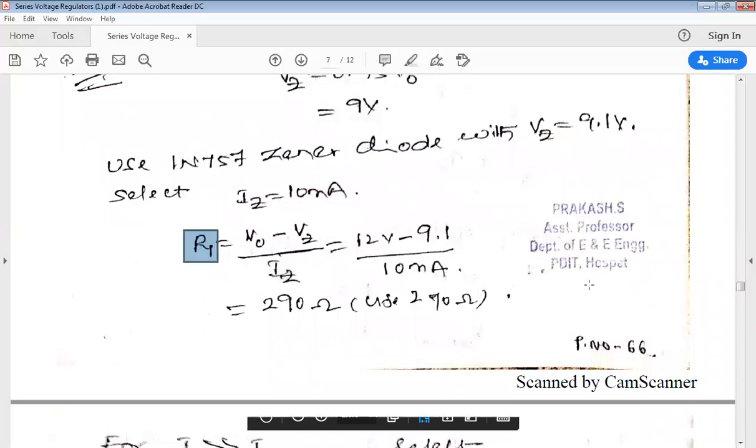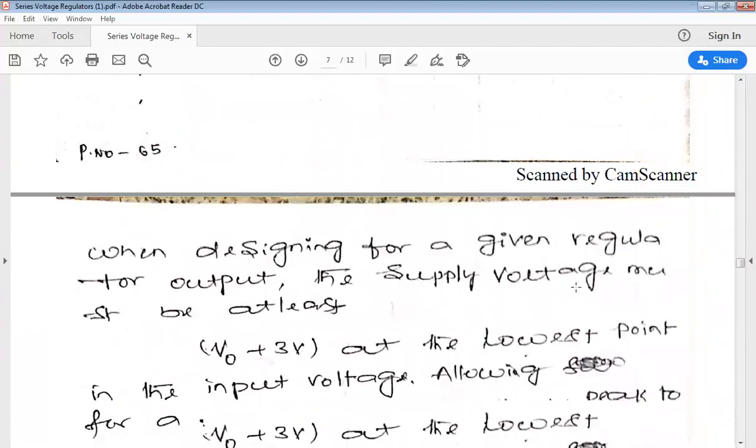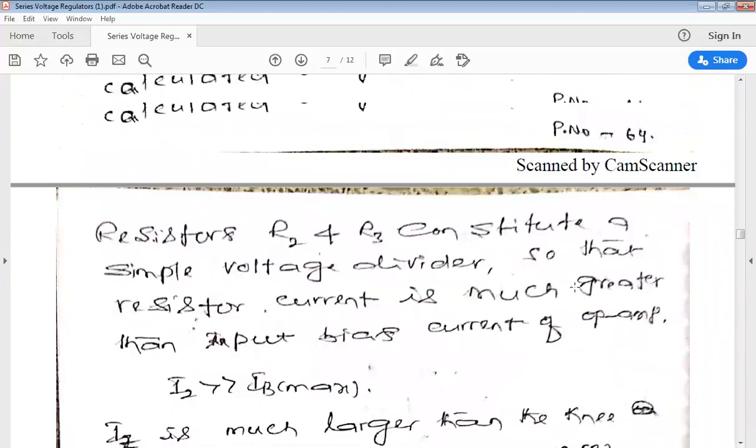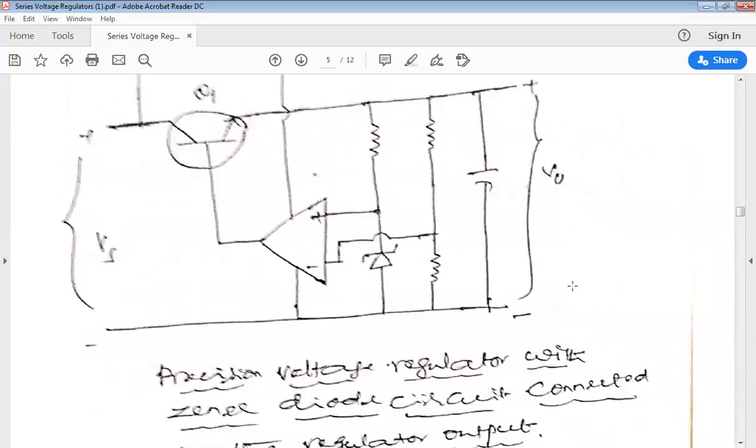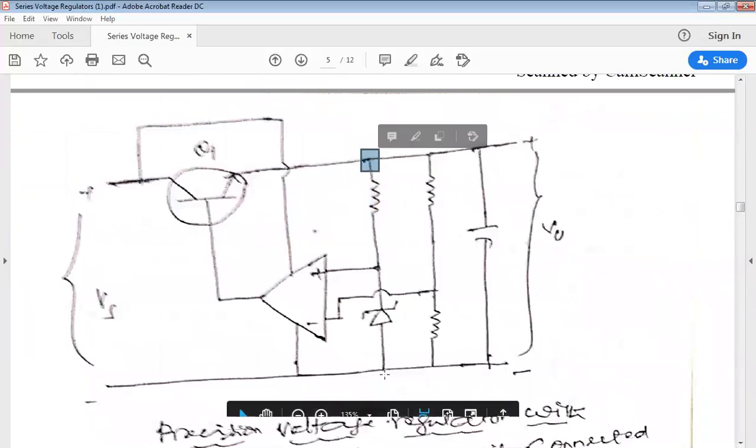R1 is equal to, as per Ohm's law, just see the circuit. This is the R1 value. What is the voltage from this point to this point?